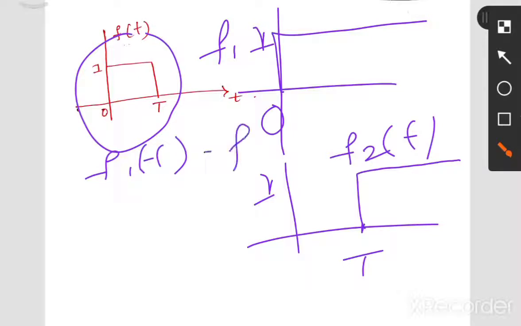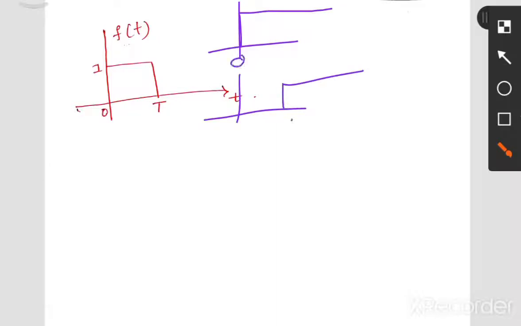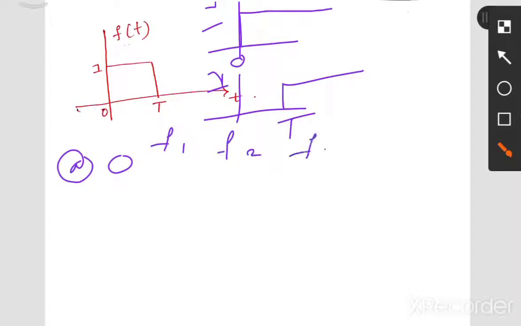On the other side of the graph, if you start mentioning its values, they will be minus 1, minus 2, minus 3, minus 4 seconds and so on, and all are less than 0. Your t may be here or here and so on.